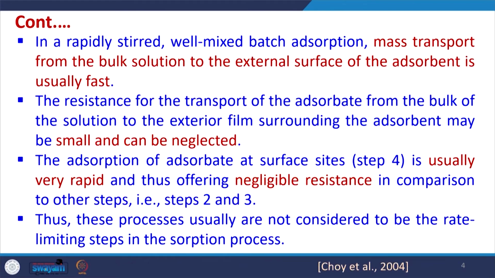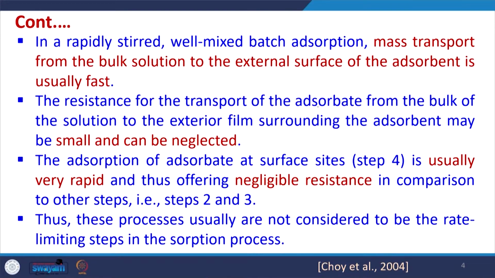Now, suppose in a rapidly stirred, well mixed batch system, since it is very well mixed, the mass transport from the bulk solution to the external surface film of the adsorbent will be very fast. That means the bulk solution is always good if we are rapidly stirring the solution.